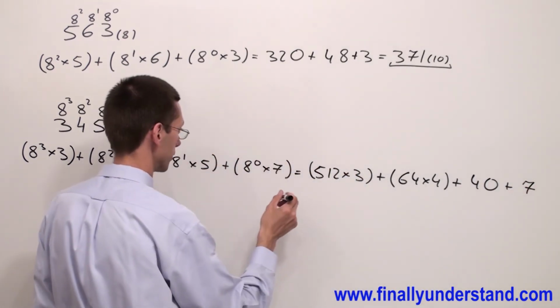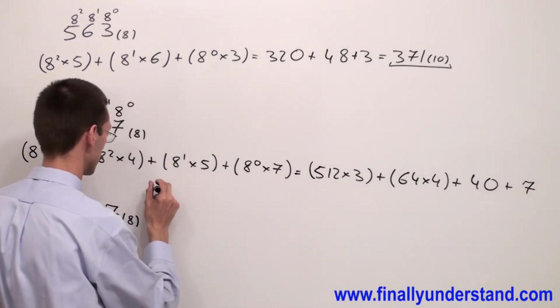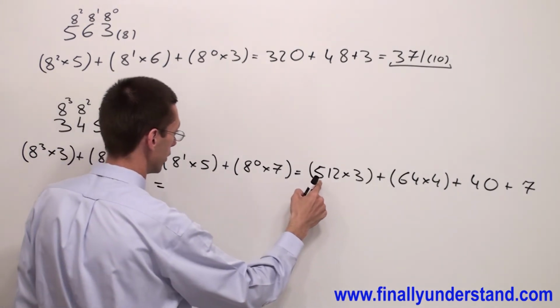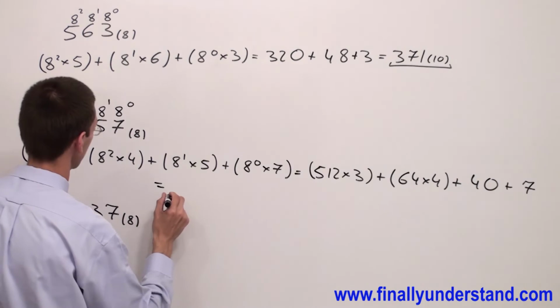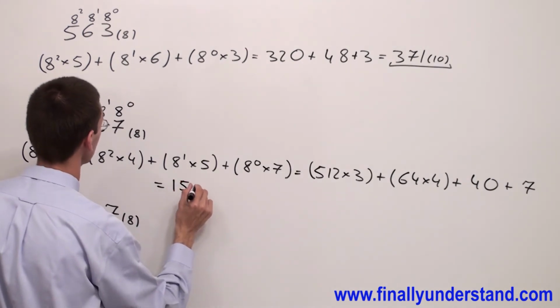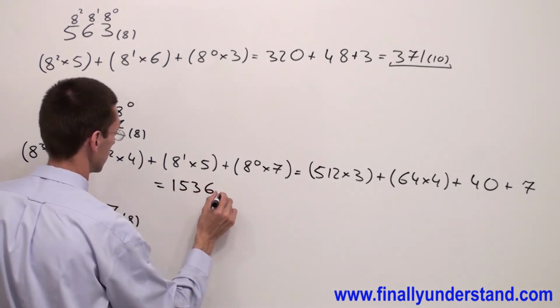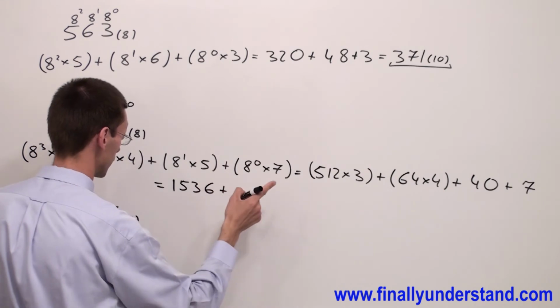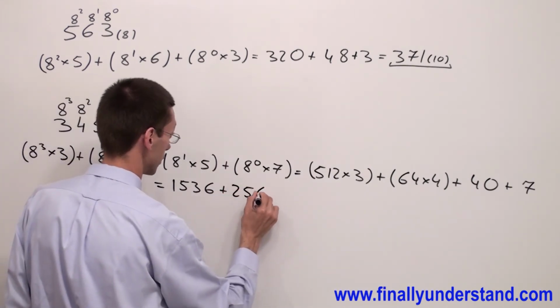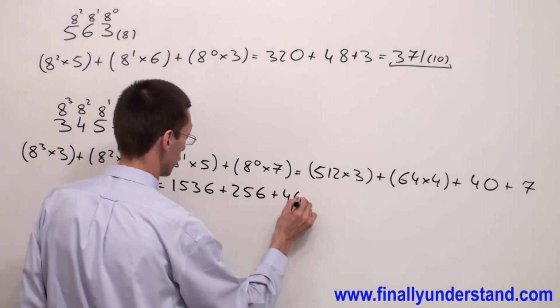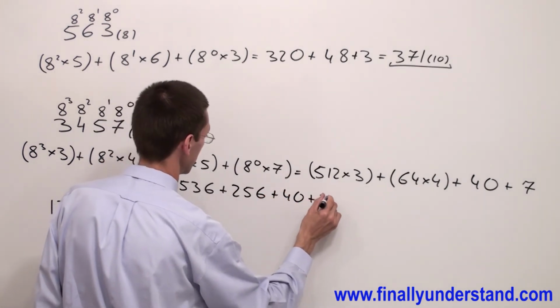We can perform the multiplication, and I have 512 times 3 equals 1536 plus 64 times 4 is equal 256 plus 40 plus 7.